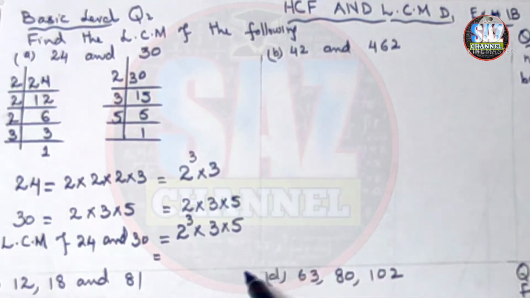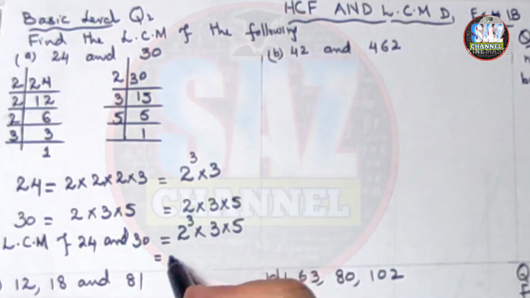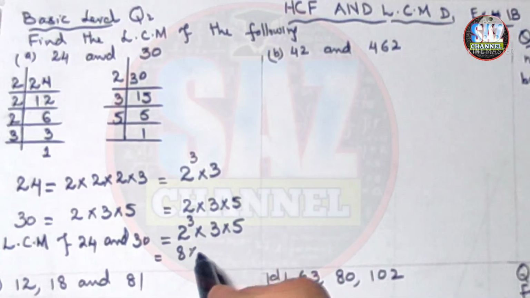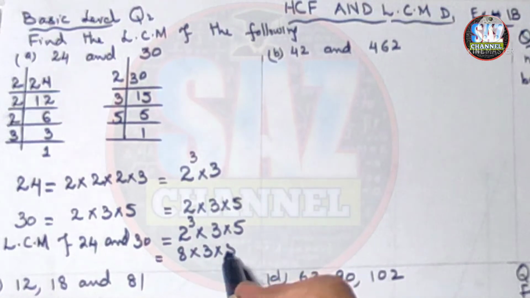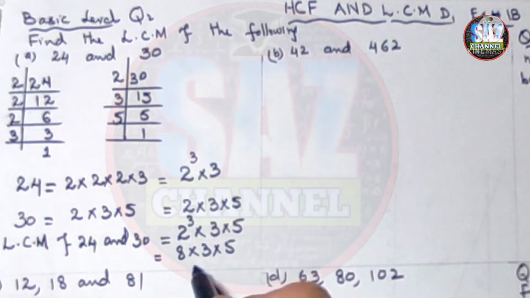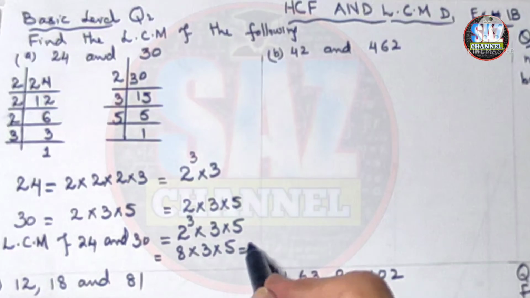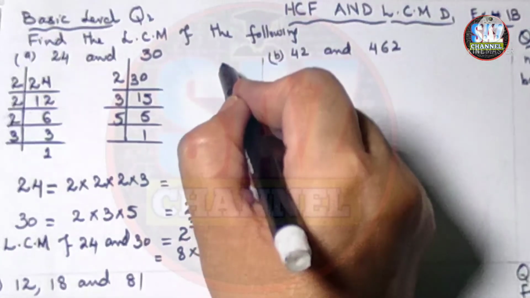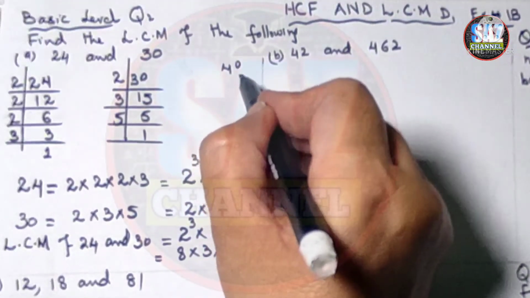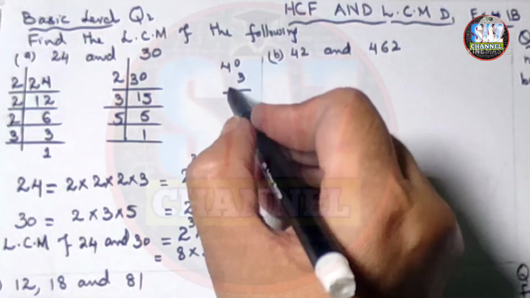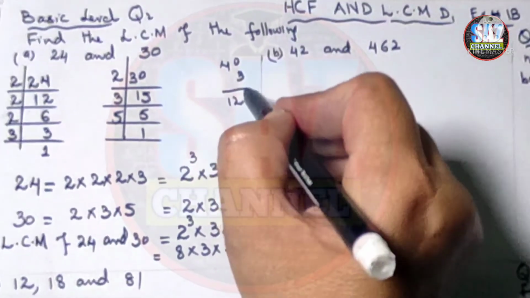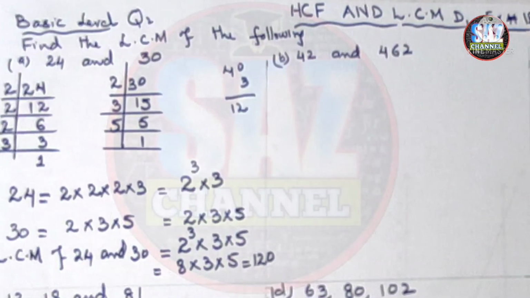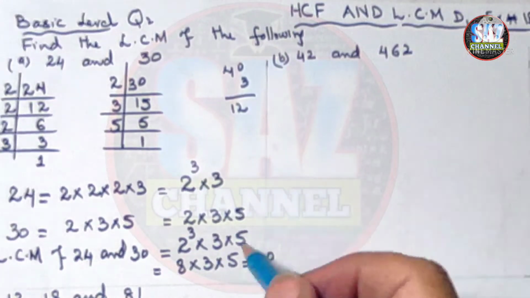So it will become 2 raised to the power of 3, which is 8, times 3 multiplied by 5. 8 fives are 40, multiplied by 3 is 120. Look, children, how I'm trying to make the calculation easy. 8 times 5 is 40, and for some time I forget about that 0 and multiply the numbers: 4 times 3 is 12. So 120 is the LCM for this question, and a really easy question.